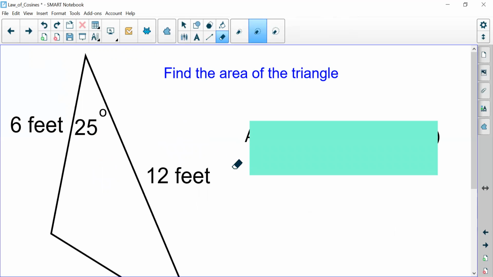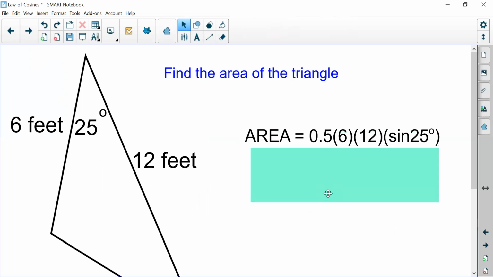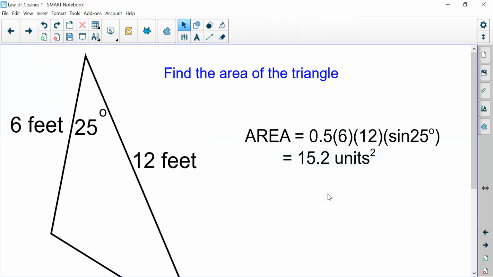Let's just do one little example. You see how we have the relationship. We have side, angle, side. So I'm going to do 1/2 times 6 times 12 times the sine of 25, which is that. Popped up my calculator. I discovered that this triangle has an area of 15.2 units squared.